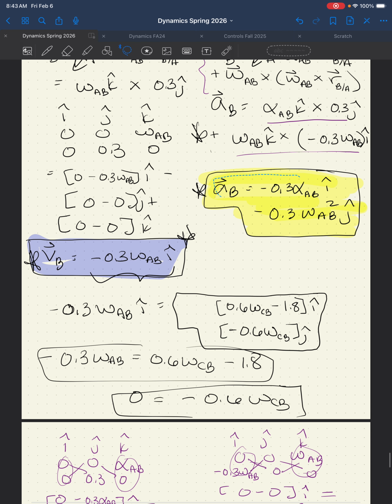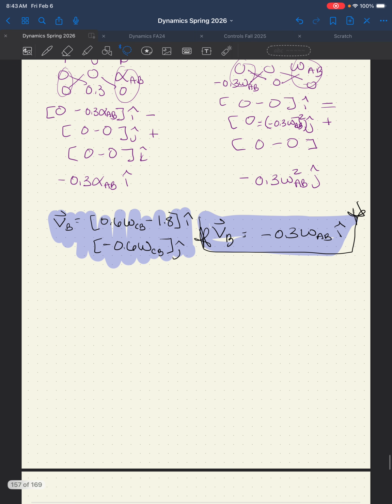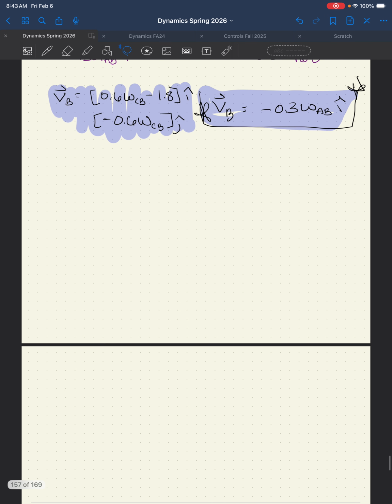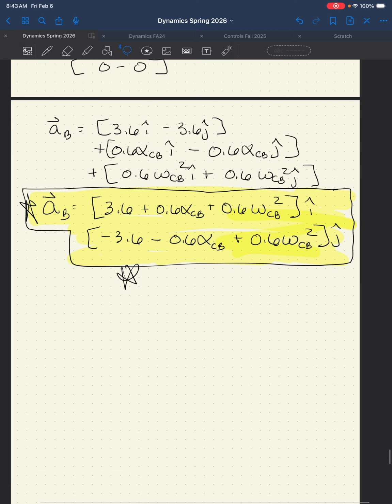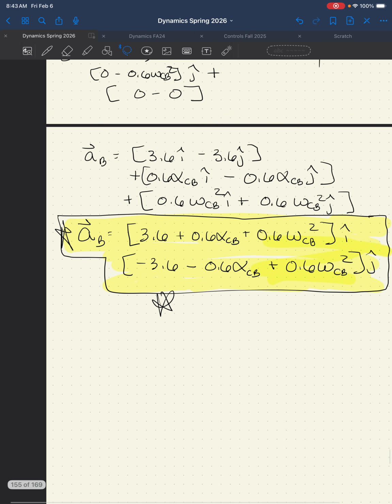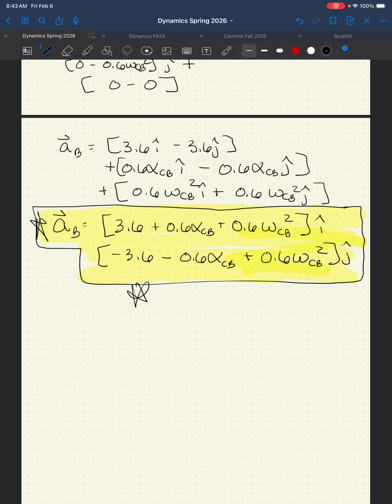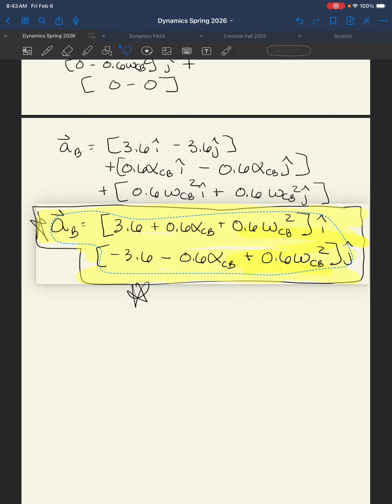And we'll do alpha, not alpha, acceleration. And acceleration. There we go. Okay, let me clean this up just a little bit.